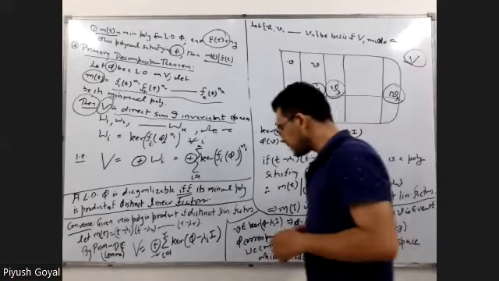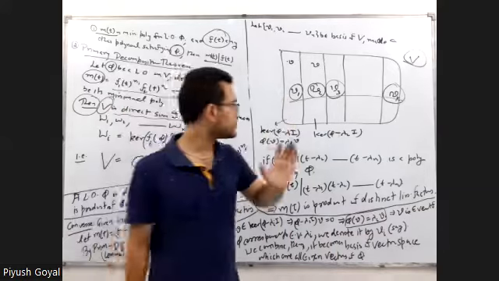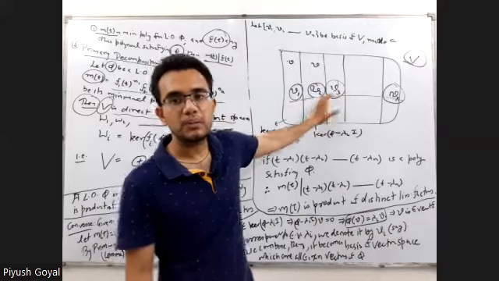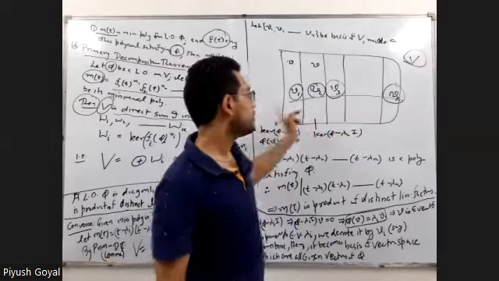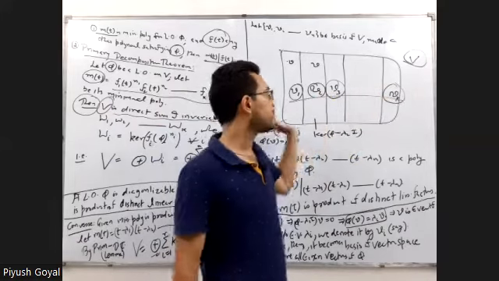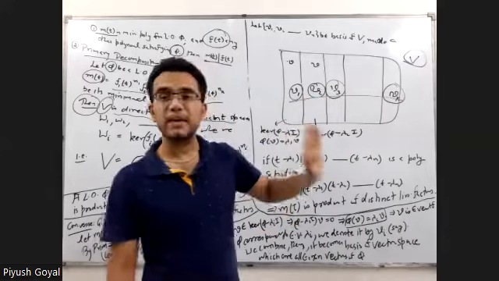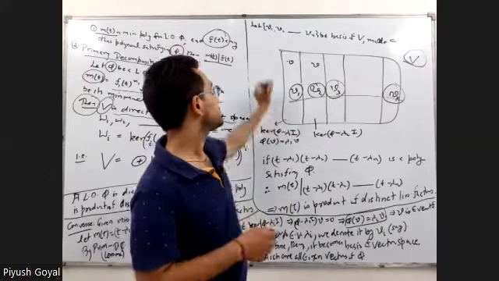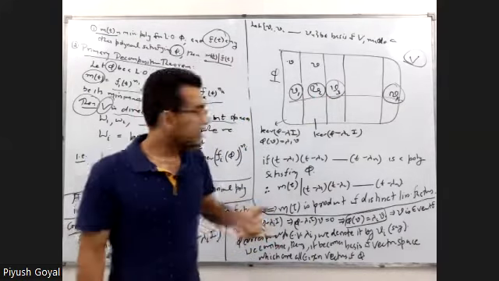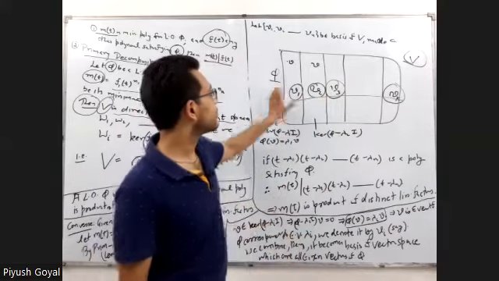So what is the meaning of this? You have derived a basis of the vector space V: v1, v2, v3 up to vk. When they are combined they become a basis of the vector space. At the same time they are eigenvectors of the linear operator phi. So you get a basis containing eigenvectors of phi.